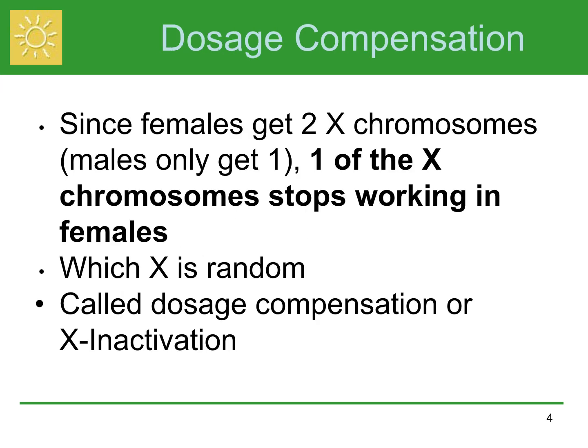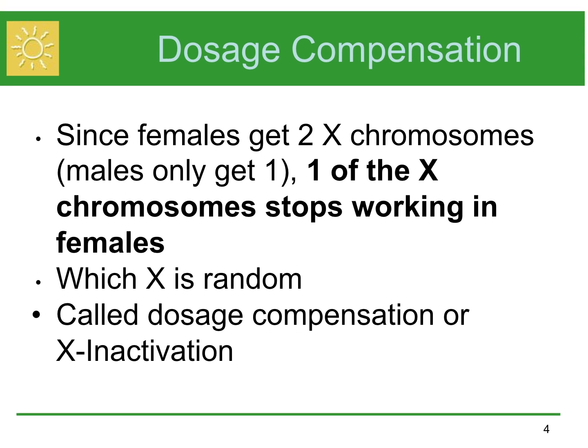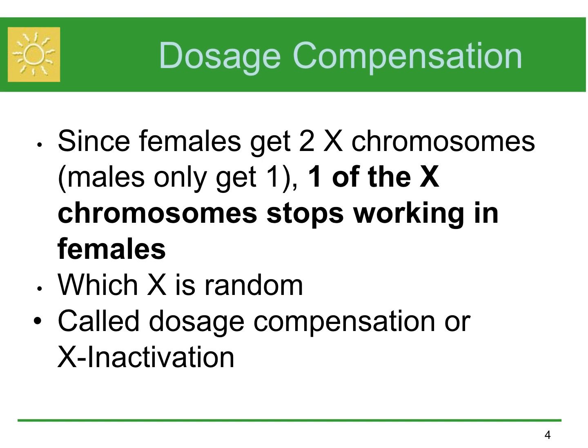Females have 2 X chromosomes, and they experience something called dosage compensation. Since females have 2 X chromosomes and males only get 1 X chromosome, one of the X chromosomes stops working in females. You only need 1 X chromosome.